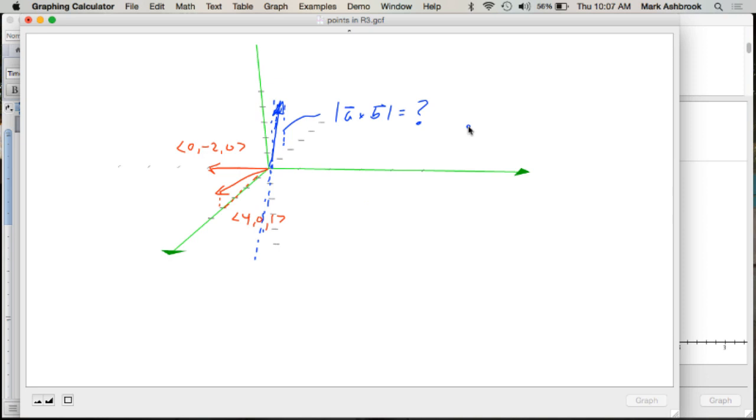Therefore, this magnitude will be the product of the magnitudes. That was our best case scenario for cross product. When they're orthogonal, we actually get the product of the magnitudes. So what's the product of the magnitudes? This magnitude is 2. This magnitude is radical 17. So is this 2 radical 17?